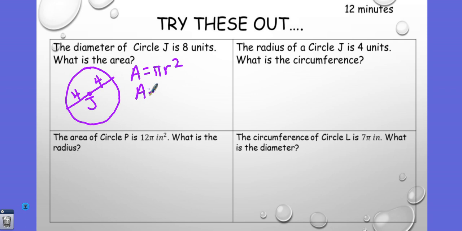So area equals pi 4 squared. So here, area equals 16 pi. And we can put units squared, or we can go up here and we can say area equals 16 times 3.14 instead of writing pi.